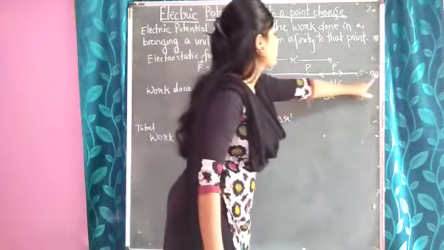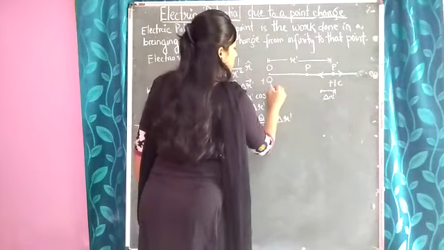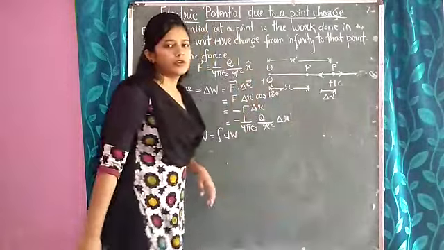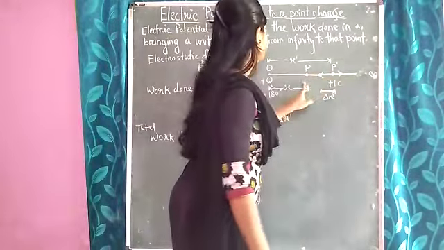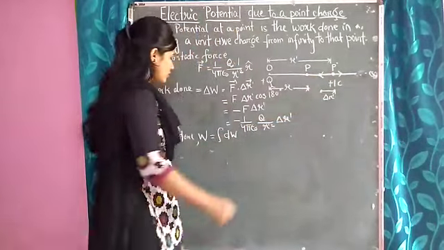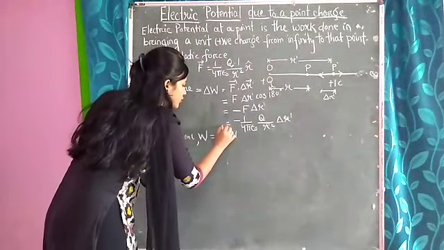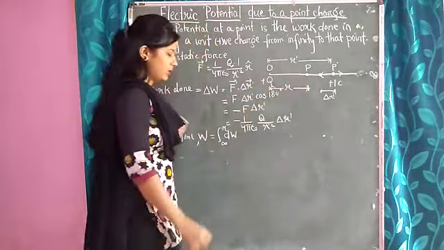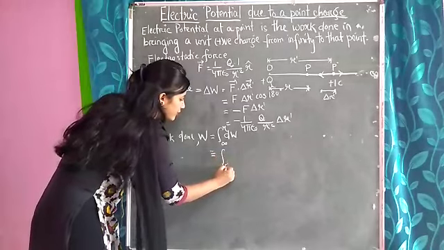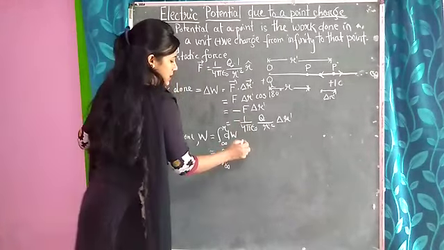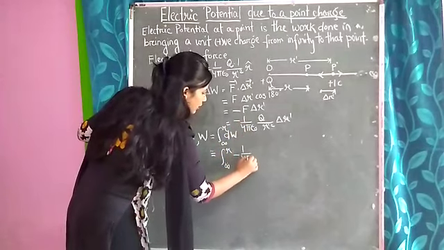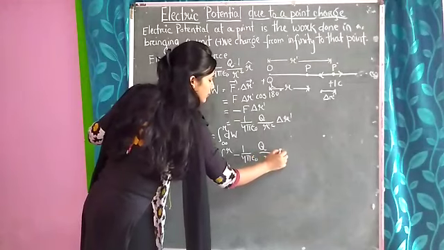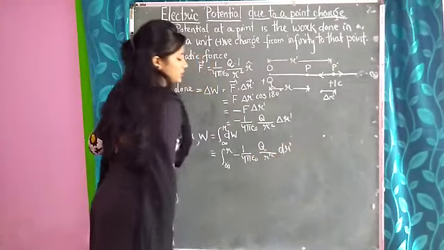Suppose this point is at a distance of R from point Q, so the limit will be infinity to R. That means we want to find the potential at point P. So infinity to R of minus 1 by 4 pi epsilon naught Q by r dash square into dr dash.